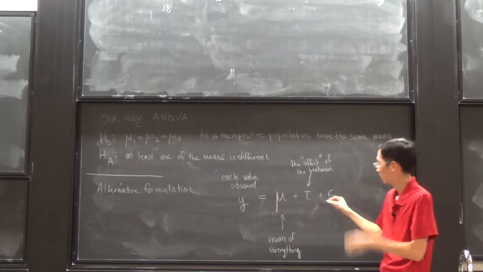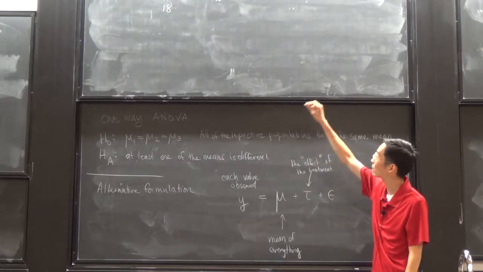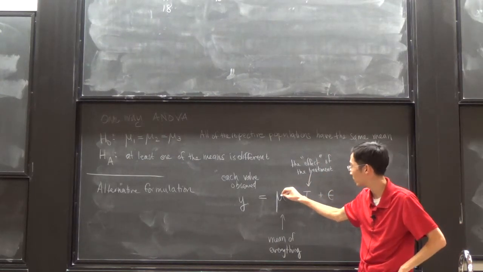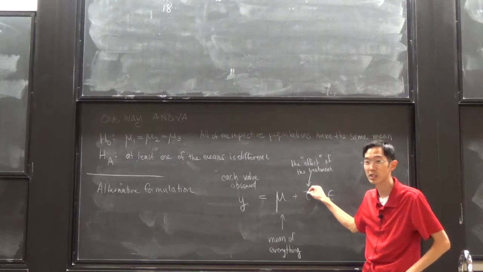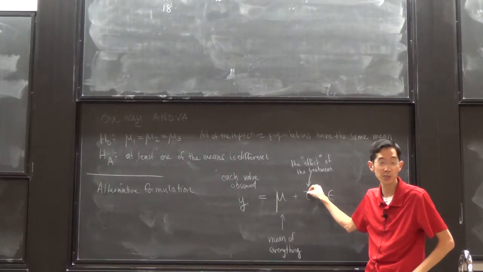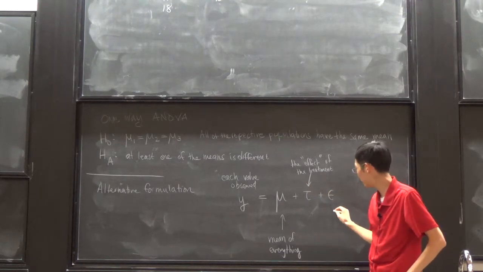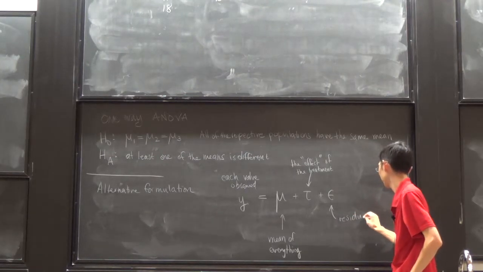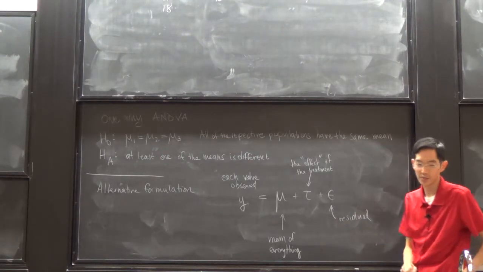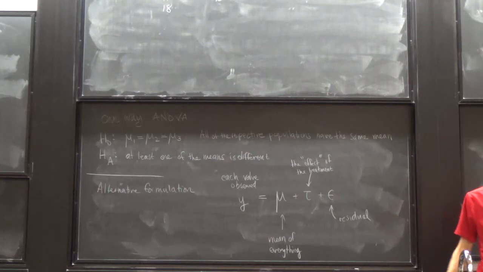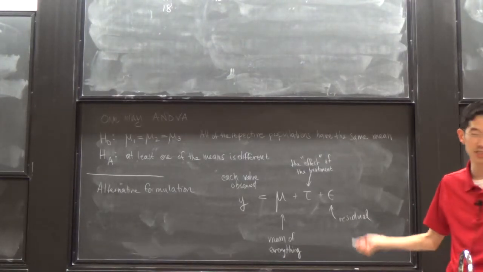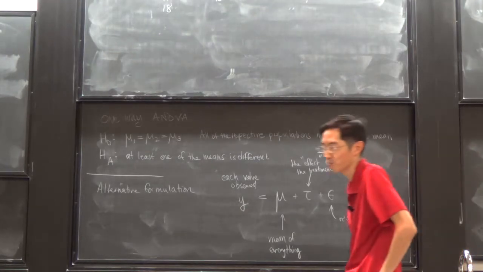So we're saying that each number you observe is due to the mean of everything plus the effect of being in a particular group or treatment. And this is the residual. This is just anything left over that cannot be accounted for by the model. It's just everybody's different.